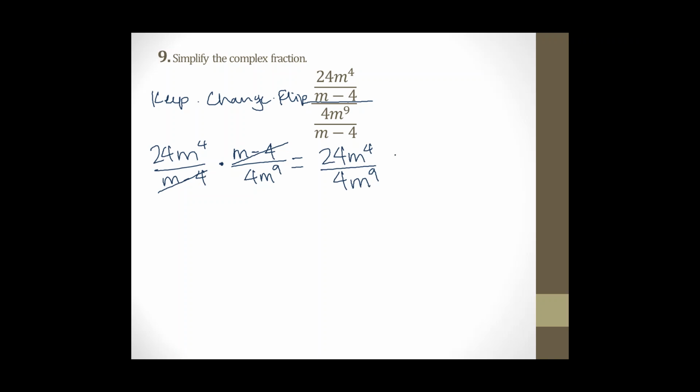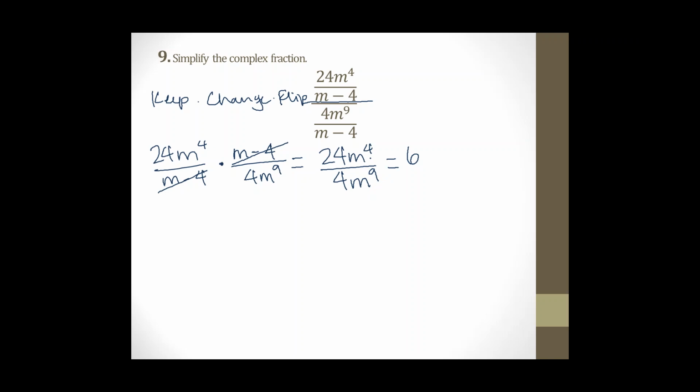Okay, so if you focus on the coefficients, we have 24 divided by 4. And that can just be reduced to 6. 24 divided by 4 is 6. And then I have m to the 4th over m to the 9th. So like Deanna mentioned, you can go about finding this a few ways. You can write out the 4 m's over 9 m's and cancel everything in common and see how many you have left.